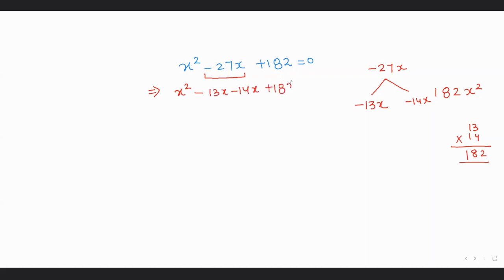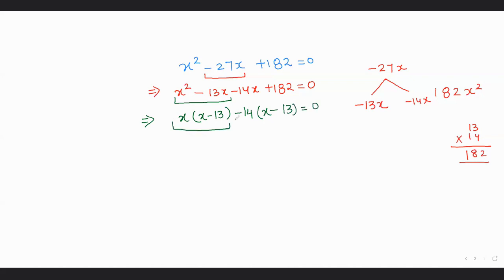Now the next step is we have to take the common, as we have done yesterday. So you can see this is x minus 13, minus, if you take common 14, it will be x. Now this minus is taken common, so inside it is negative 13, equal to 0.